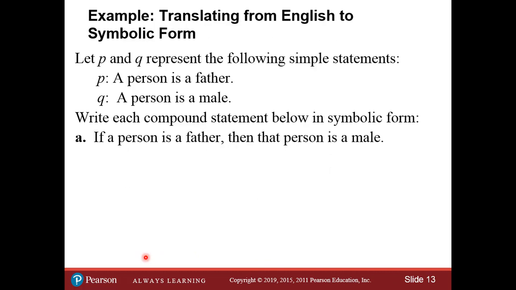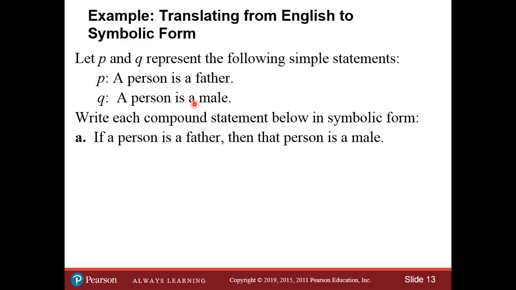Now, if we let P and Q represent the following statements. So P represents a person is a father, Q, a person is a male. Then we can write each of the compound statements below in symbolic form. So it says here, if a person is a father, then the person is a male. Okay, so this case here is if what? What's the if part? If part is the antecedent.